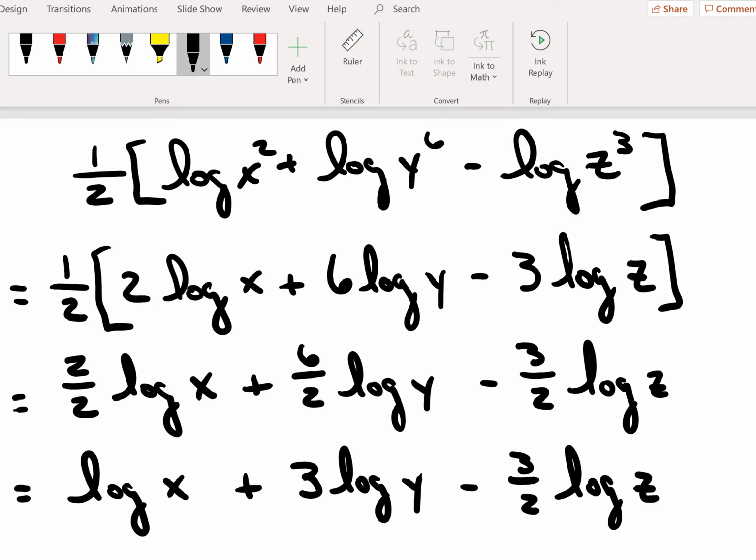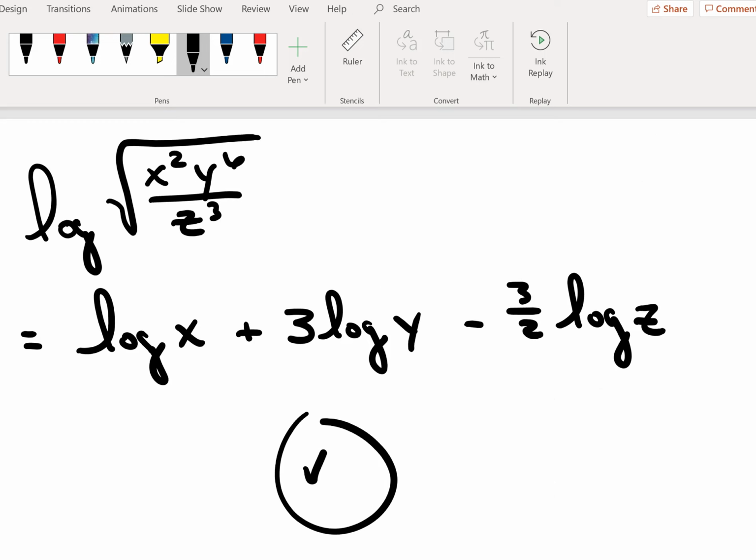And so we have now achieved what the problem asks us to do, and we have developed 3 rules according to the properties of logarithms that you will find very useful in your study of physics from here on out. And we have indeed verified that the log of the square root of the quantity x squared y to the 6th divided by z cubed is equal to the log of x plus 3 times the log of y minus 3/2 times the log of z.